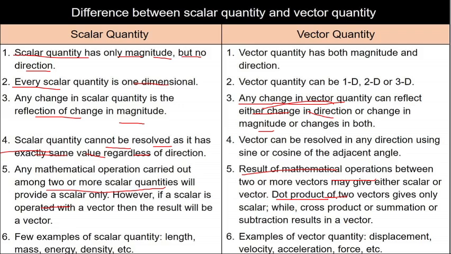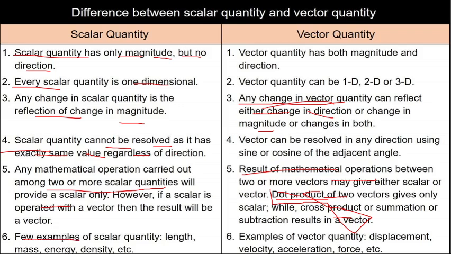The dot product gives us the scalar, but cross product gives us vector. Although for these students, we are not going to look into dot and cross product analysis. It is for only UTME students.